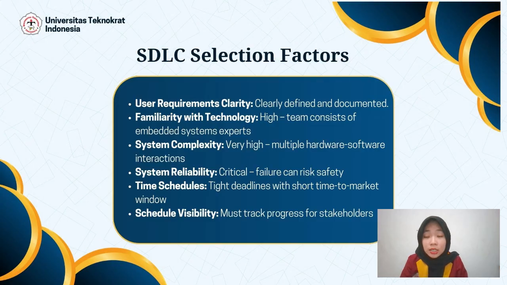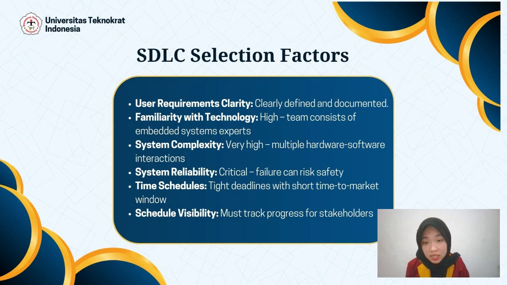And then second is familiarity with technology. The team has strong experience with embedded systems, making them comfortable working within a structured environment like the V model. And then third is system complexity. Since the system involves complex real-time interactions between hardware and software, a rigid and test-driven approach is essential.